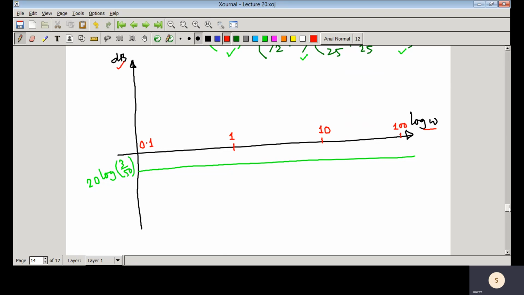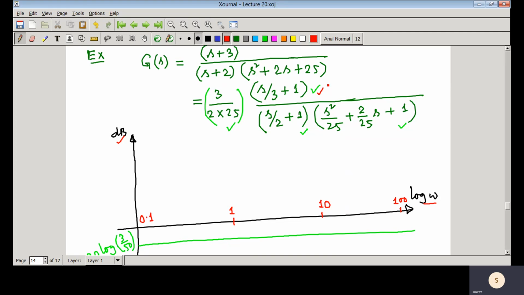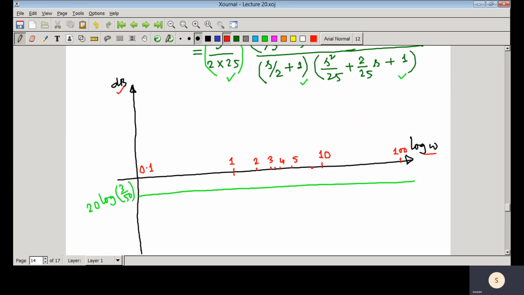So now what would be the asymptotic Bode plot for s by 3 plus 1? There would be some corner frequency, and that corner frequency is here, say 2, and here you have say 3, 4, 5, like that. They are not to scale; I have just shown the frequency points between 1 and 10.